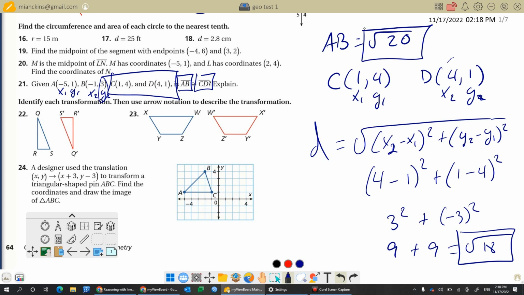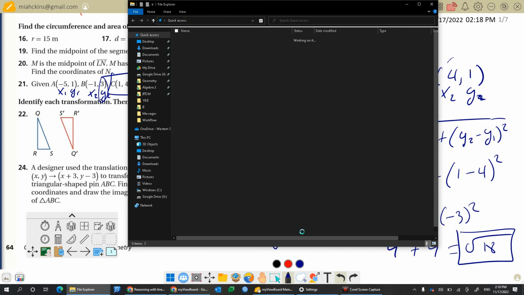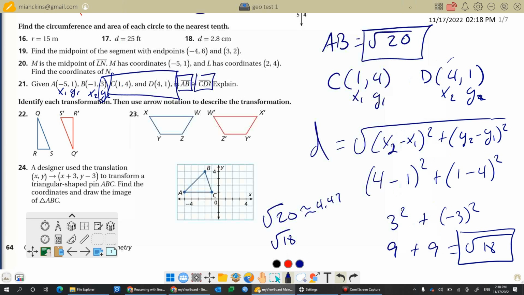And so we could also look at this. The square root of 20, if we run that through our calculator, second square root 20, gives us approximately 4.47. And the square root of 18, if we take the square root of 18, gives us approximately 4.24.